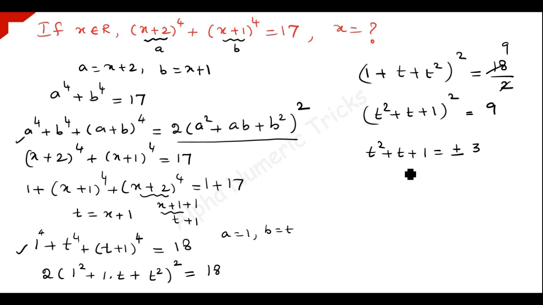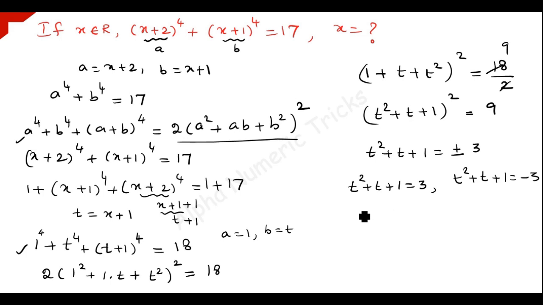So from this you can write two equations. One is t^2 + t + 1 is equal to 3, and t^2 + t + 1 is equal to minus 3. So we have two possible equations.